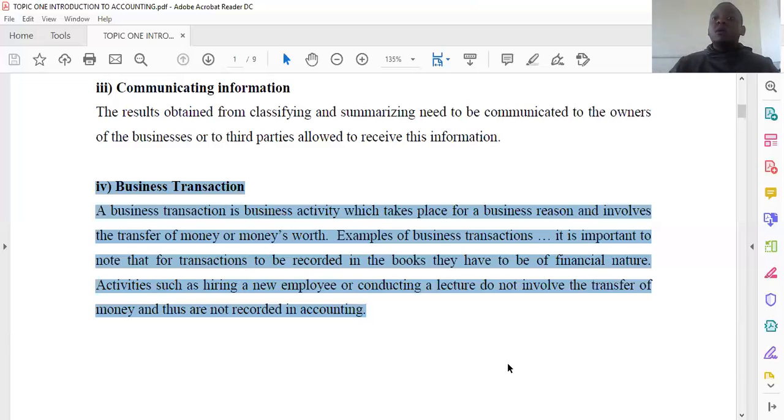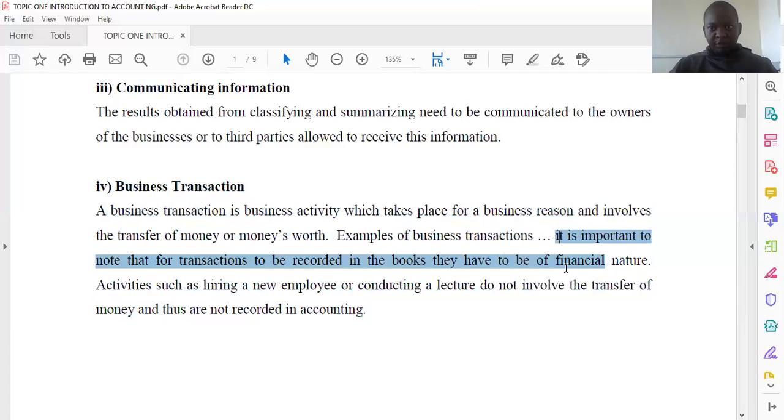So we only record those transactions that are of a financial character, that involve money. When the managers have a board meeting, no money is spent, so there is no need to record that activity because there's no money involved. So in accounting, we only record those transactions that are of a financial nature.